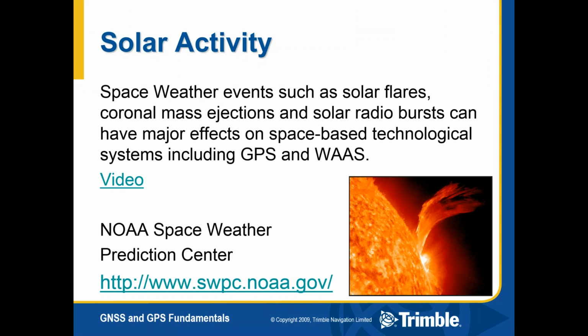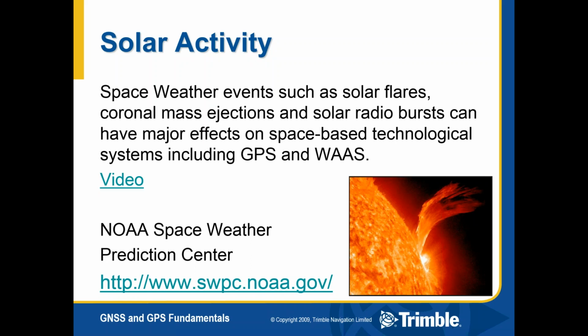Solar activity is another one that messes with GPS. It messes with anything communication-wise, phones and power and all kinds of stuff. It goes in an 11-year cycle, and right now we're at the bottom end of that cycle, so we're not seeing these issues with solar flares.